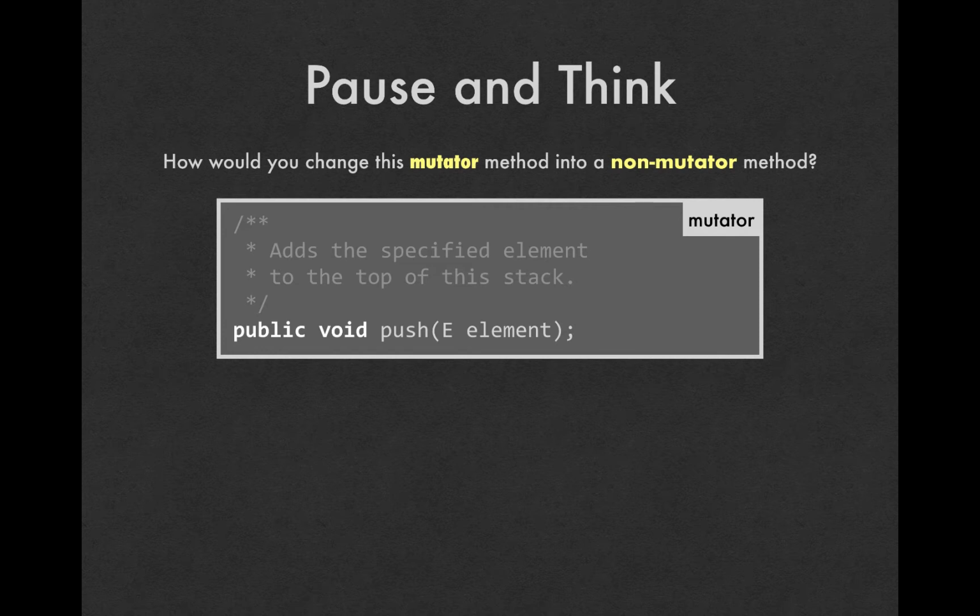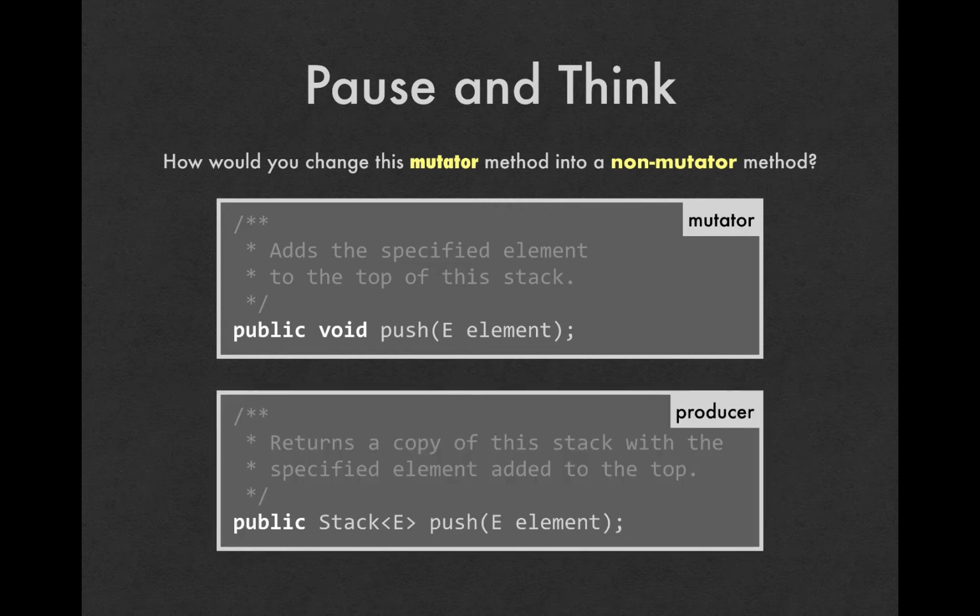Therefore, what we're going to do is return a new stack with the extra element. And here's our signature for that. The original stack is not modified, but the stack returned has the extra element. So this method is not a mutator. Instead, this is a producer method.